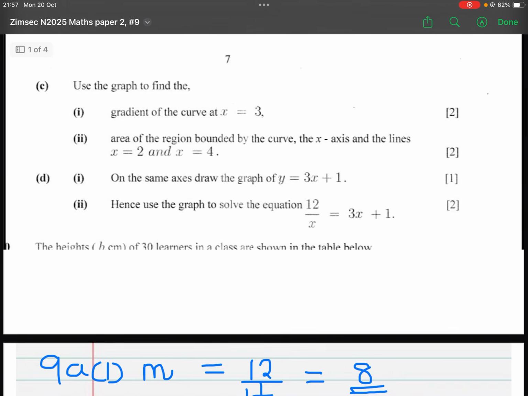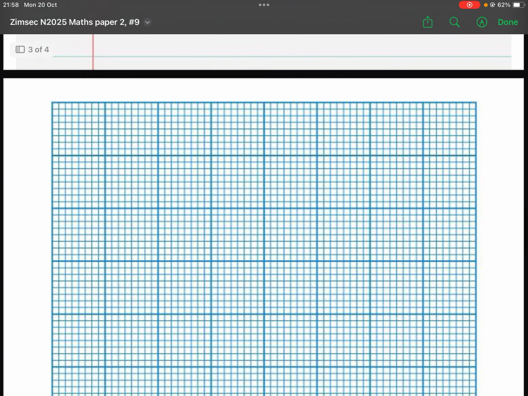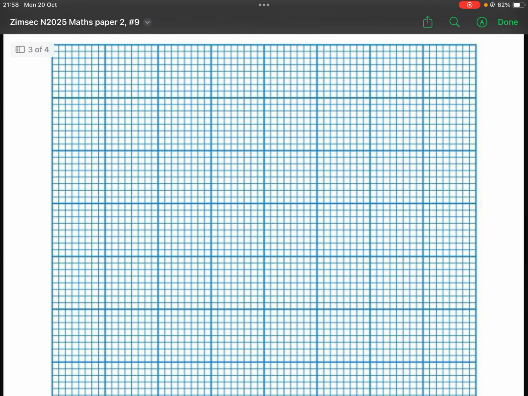So here, let us scroll down and go to our graph paper. So we are saying 2 centimeters to represent 2 units in the y-axis, and then 2 centimeters to represent 1 unit in the x-axis. So this is how we are going to draw our graph.